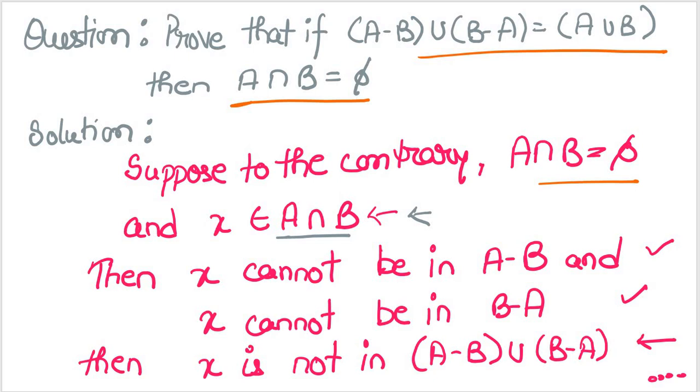And similarly, if x is not in A minus B and B minus A, then if we take the union of A minus B and B minus A, once again x is not going to be there.